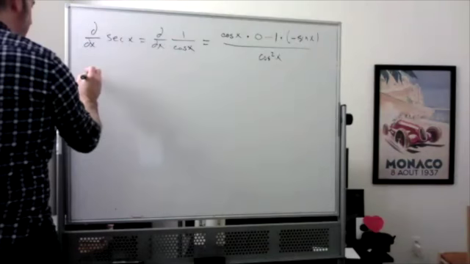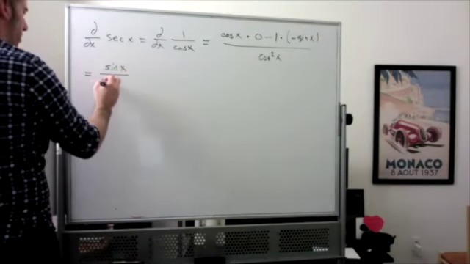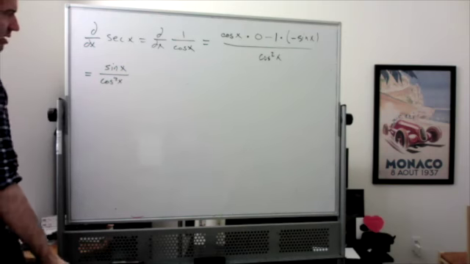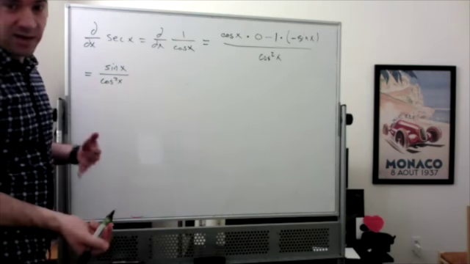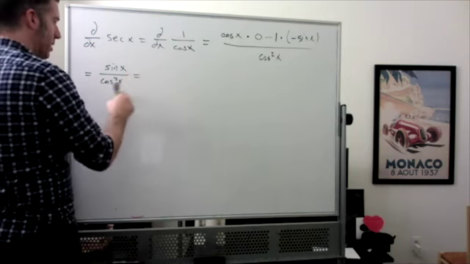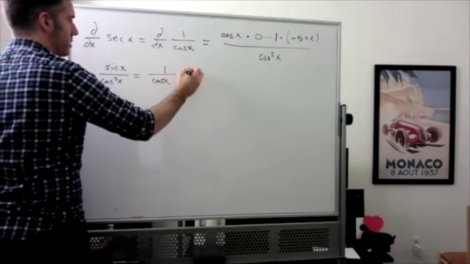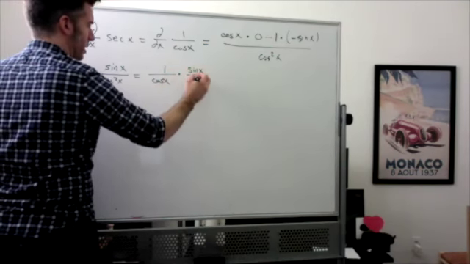So here's what we get, which doesn't look very nice to start off with. We've got sine of x over cosine squared of x. That is the right answer, but we never write it that way. So I'm going to break this up as 1 over cosine x times sine x over cosine x.